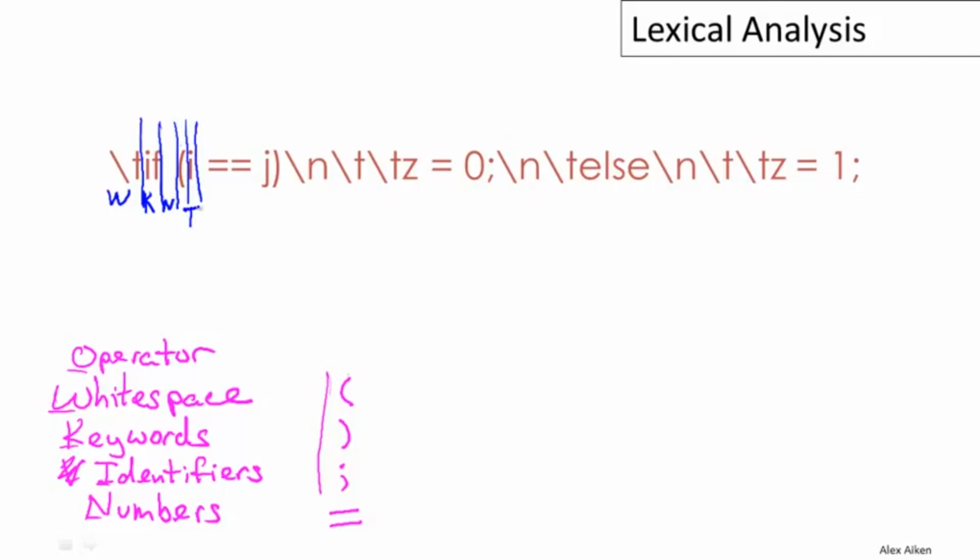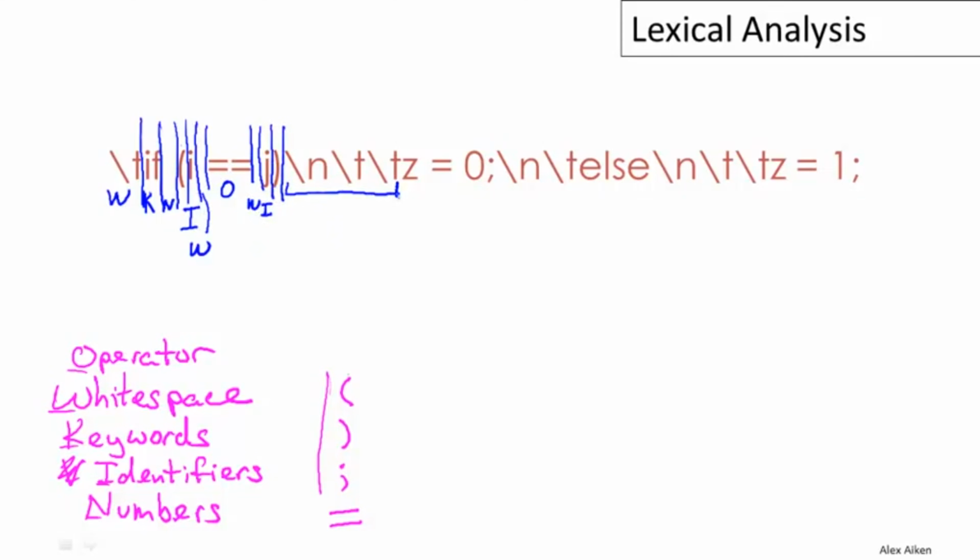And then we have an identifier, white space, and then an operator, the double equals. Another blank, so that's white space, followed by another identifier, followed by close paren. So again, a punctuation mark in a token class by itself.